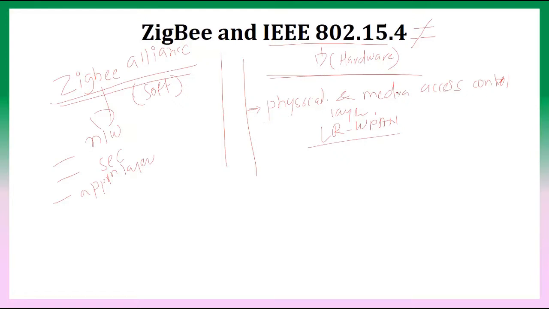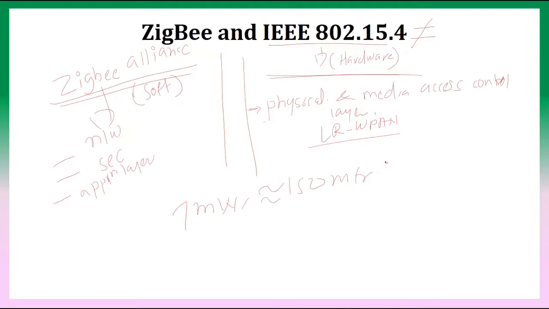The power needed for ZigBee is very small. In most cases it uses approximately 1 milliwatt or less, but still provides a range of up to 150 meters.